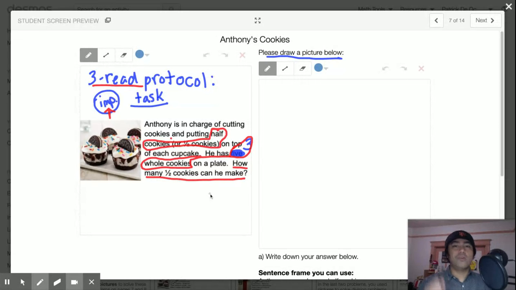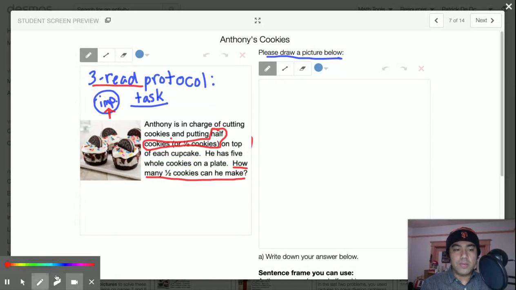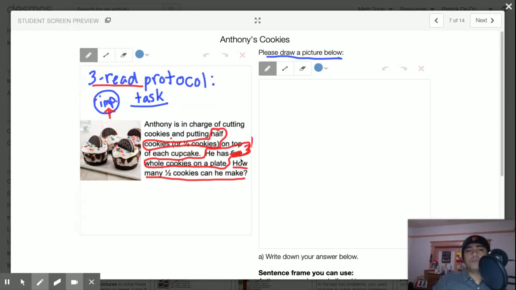Again, I've circled important information, and there are 2 pieces of important information. The half cookies, and he has 3 whole cookies. Okay. In fact, I think it's really important to know that he does have 3 whole cookies. So I'm actually going to circle this whole thing right here. Remember, I changed this to 3 for this example. He has 3 whole cookies. So I'm circling the whole thing right here. All right. Why do we do the 3-read protocol? It's so that we know what the important information is. Okay?